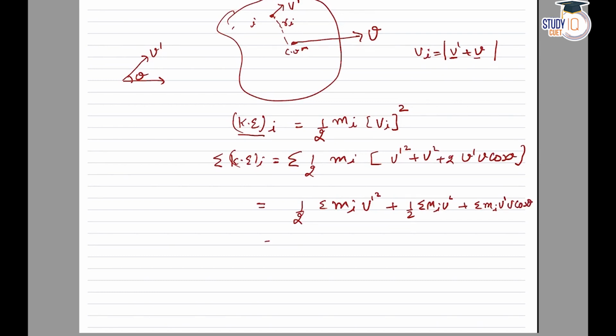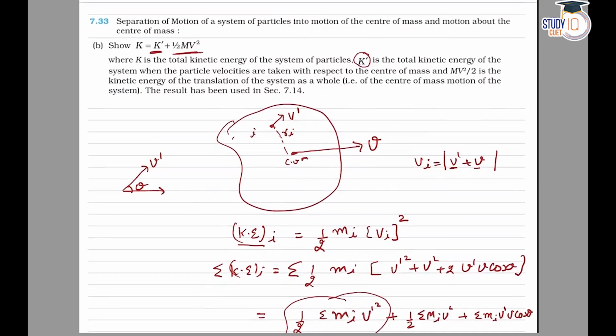From this we can say that half sigma mi v prime square can be written as the kinetic energy of the system with respect to center of mass.